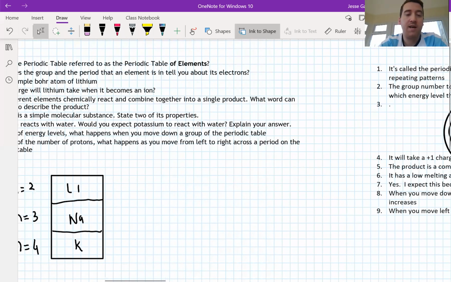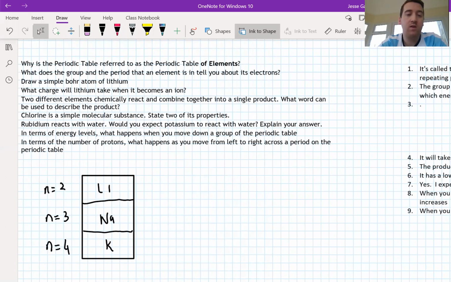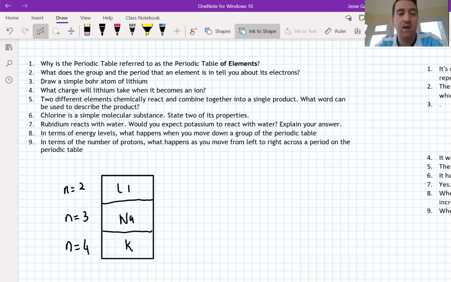So if we compare potassium in N equal to 4 to lithium in N equal to 2, potassium is in the N equal to 4 period because it's got 4 energy levels. Sodium has 3 energy levels, N equal to 3, and lithium has electrons in 2 energy levels. So as you move down the table, the number of energy levels increases.